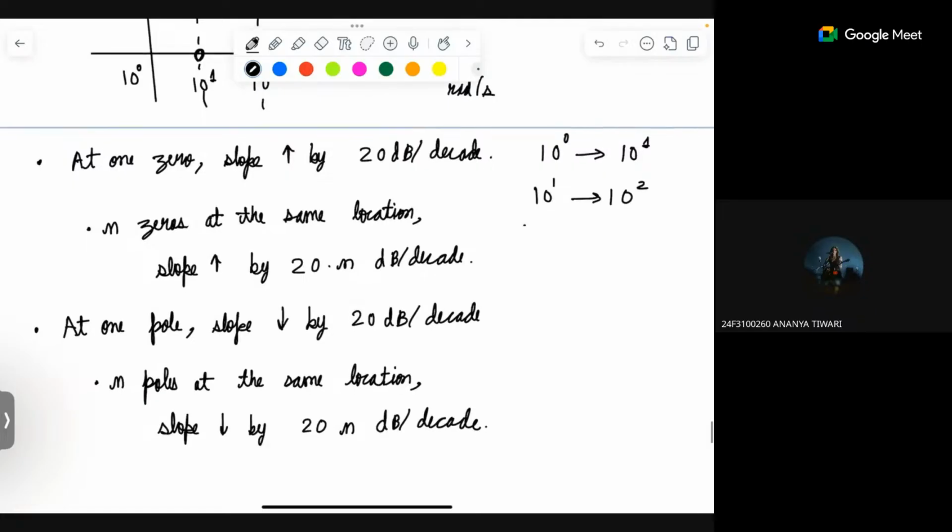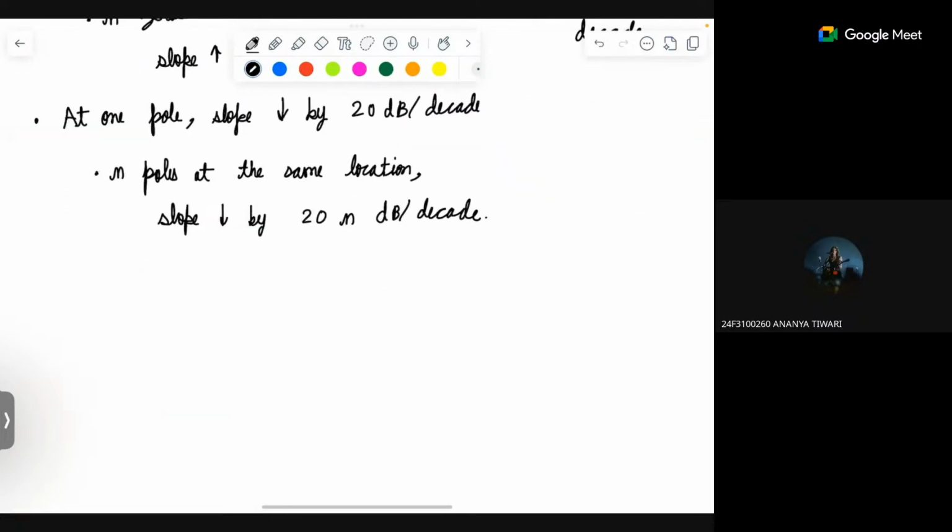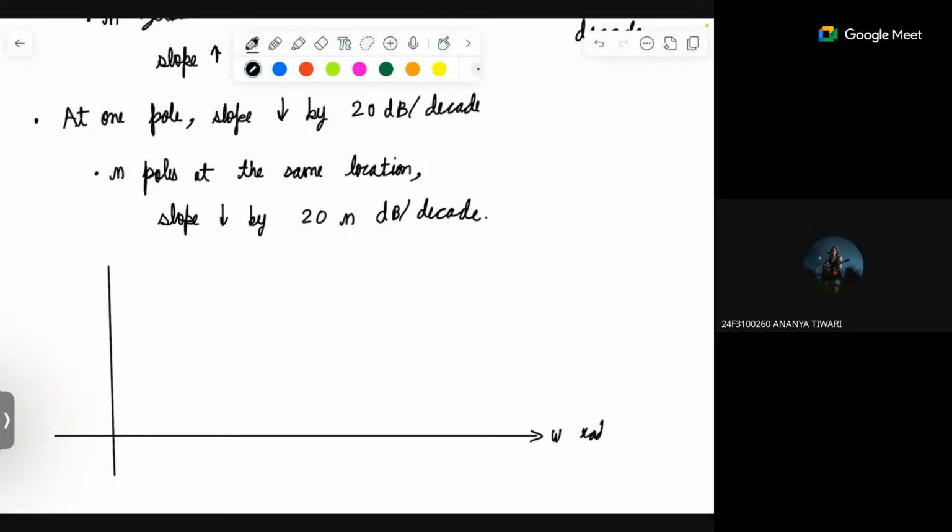So the meaning of decade I already explained to you. Let us just take one example. This is omega, which is in radians per second. Here, suppose I'm calling my transfer function H of s.